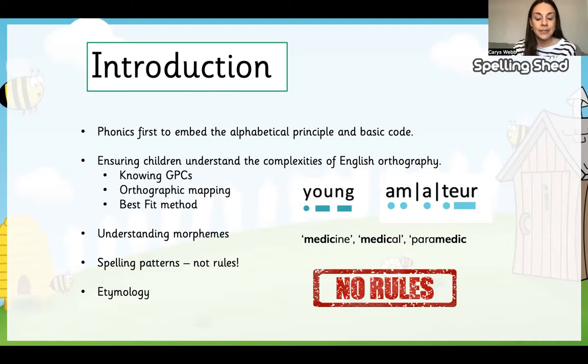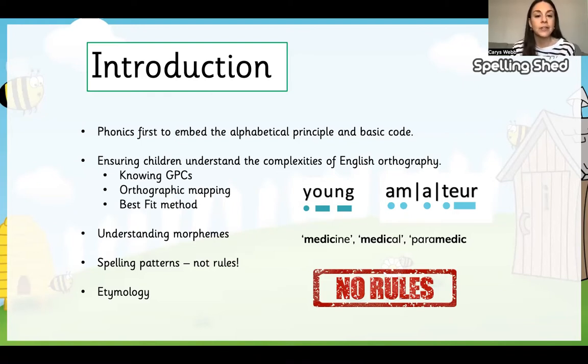Understanding morphemes. So here, for example, we've got the words medicine, medical, and paramedic, and those three words share the same root word. Then in Spelling Shed, we call them spelling patterns, and in Phonics Shed, we call them the same, and not spelling rules.